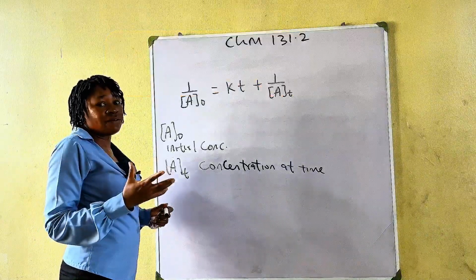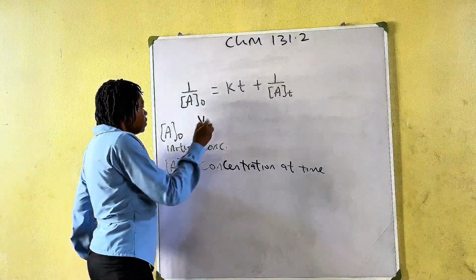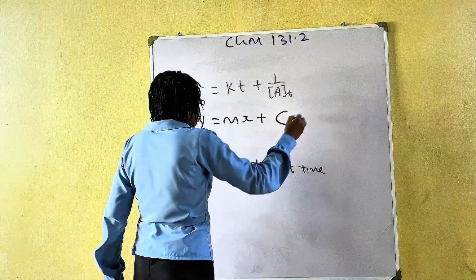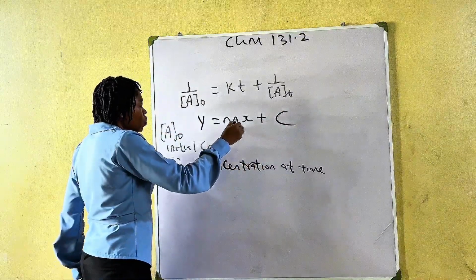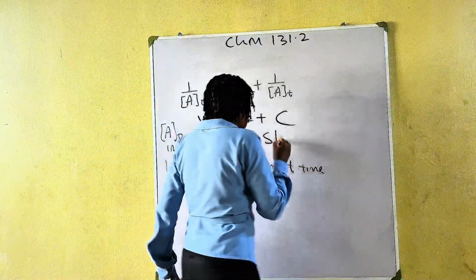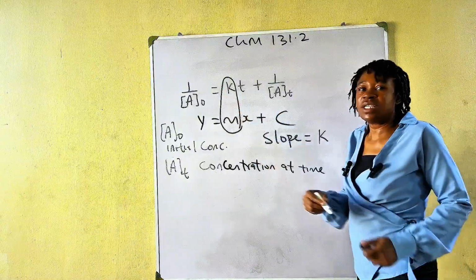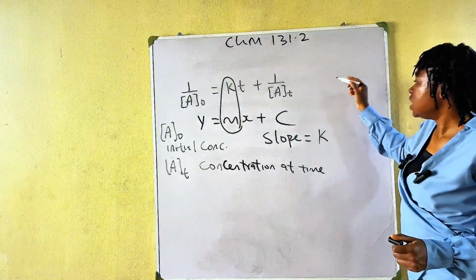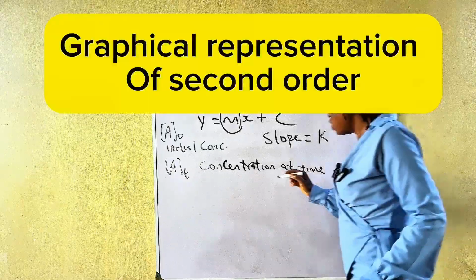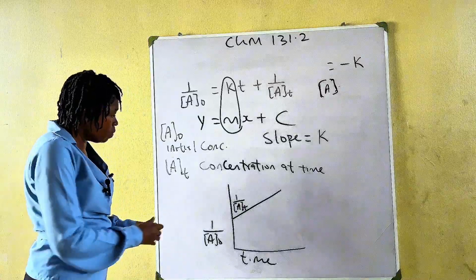So if you have to plot a graph for second order reaction, I will use this. As you can see, this is the slope. The slope of the graph will be equal to what? K, the rate constant. Slope will be equal to positive K. For zero order and first order reactions, their slope is equal to minus K. Look at the representation, so you can see the positive slope.